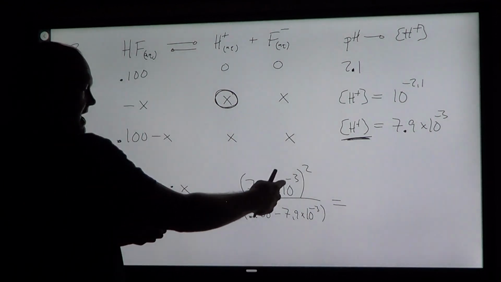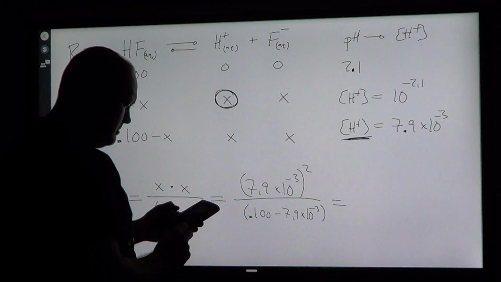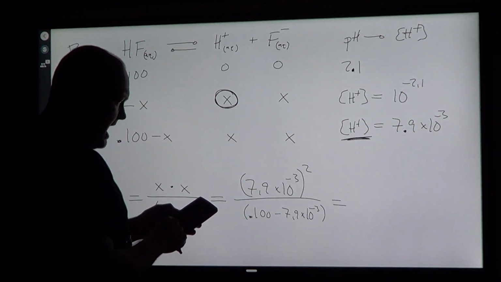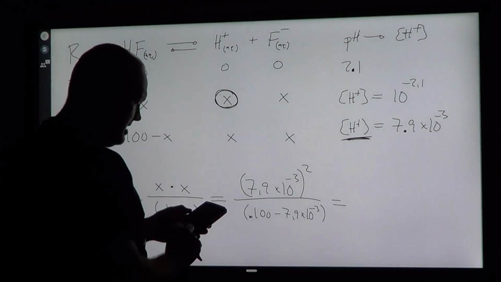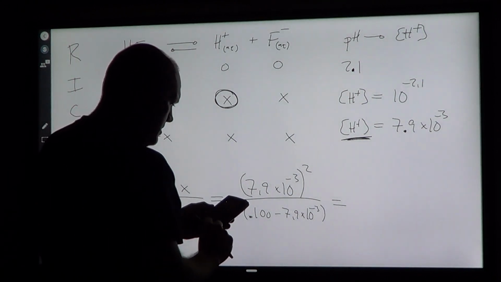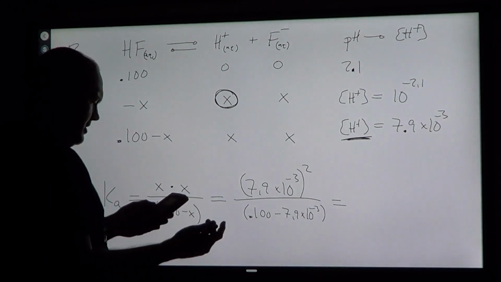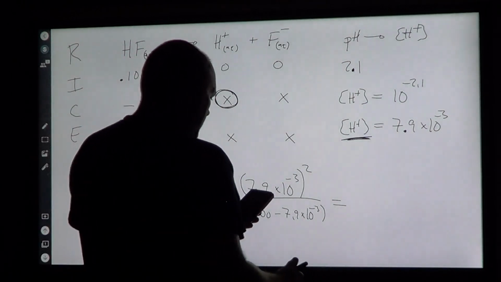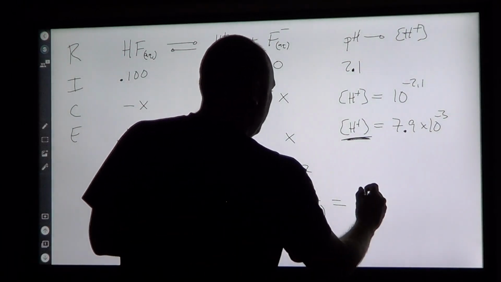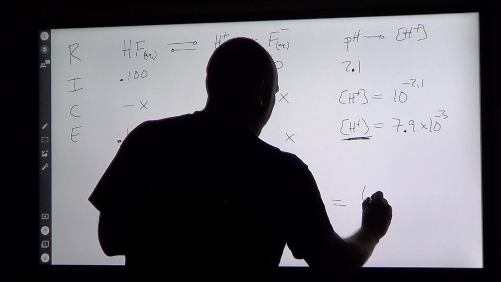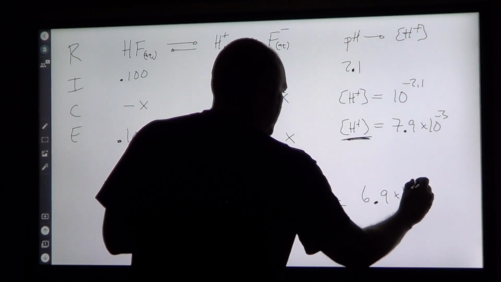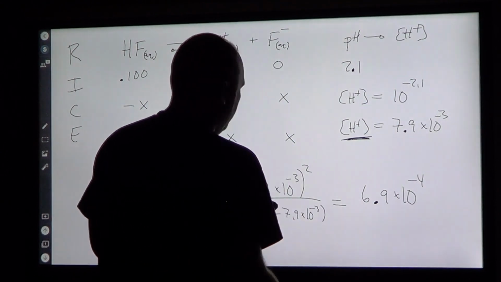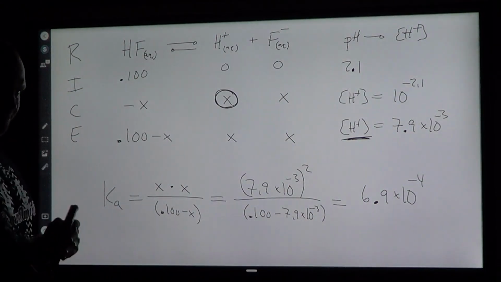So if you just do ANS, push the square button, and then divide by parentheses 0.1 minus the ANS, your calculator should give you the correct 6.9 times 10 to the negative 4 for the Ka.